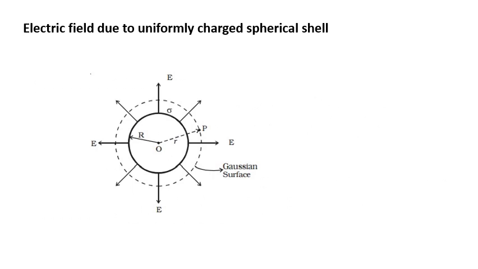Another application is electric field due to a uniformly charged spherical shell. Now we have a shell which is uniformly charged, and the charge density we have assumed here as sigma.